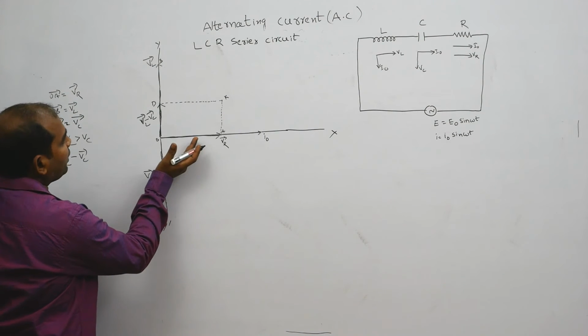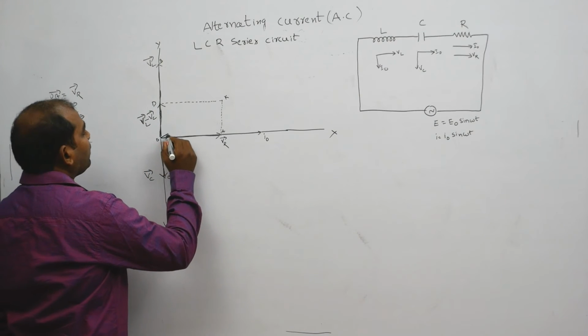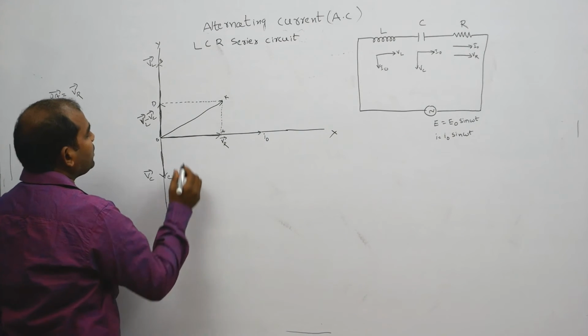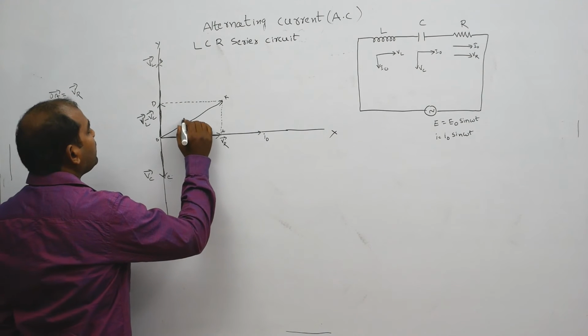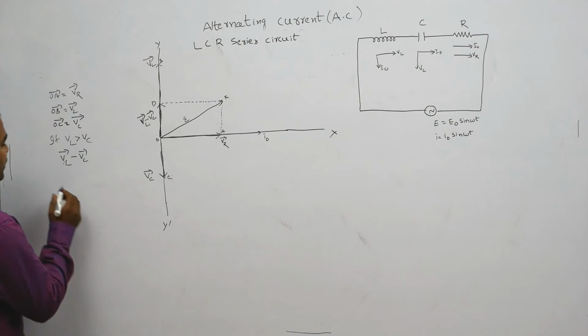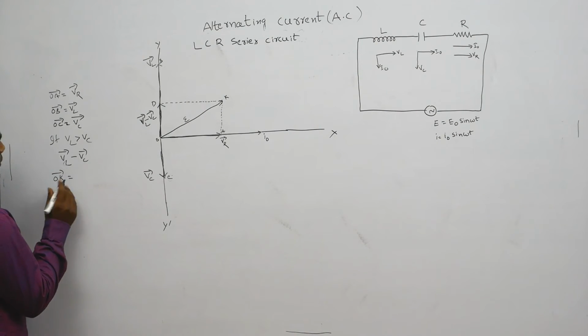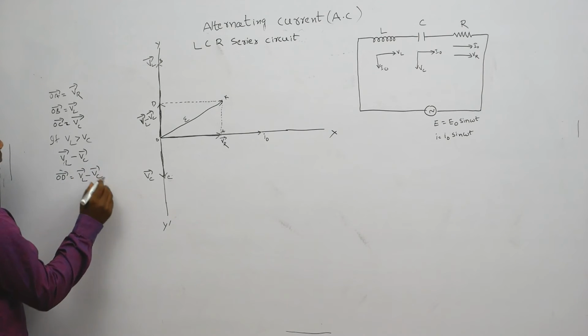So OK is the resultant of OA bar and OD bar according to the parallelogram law, along the diagonal. Let it be the EMF E. That means OK bar is equal to E. We also need to understand that OD bar is equal to VL bar minus VC bar.